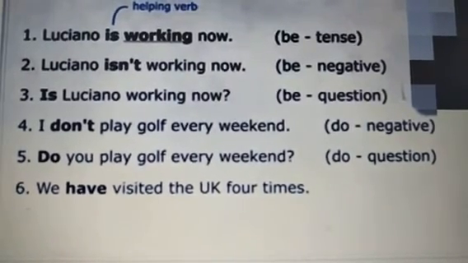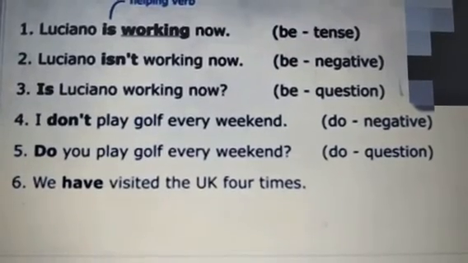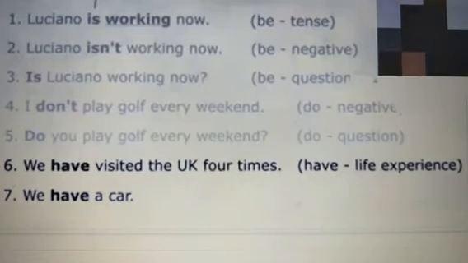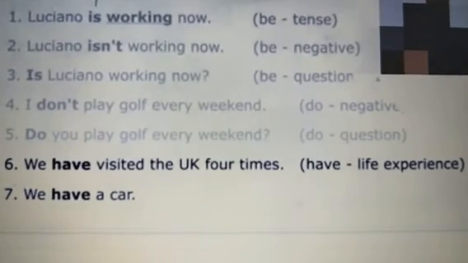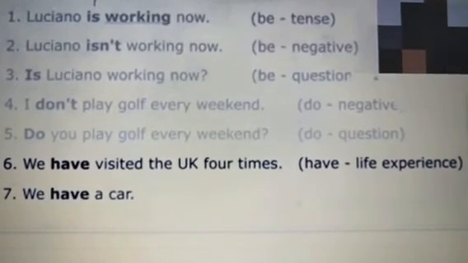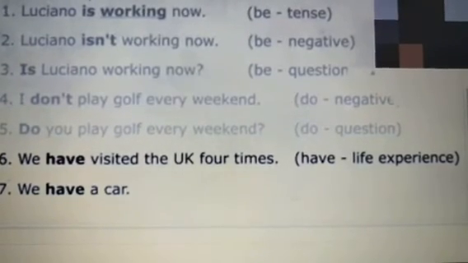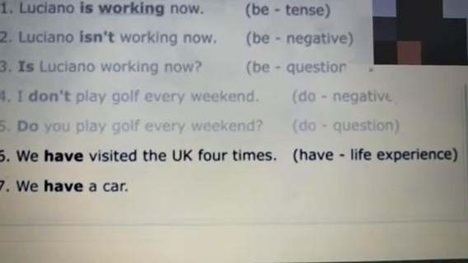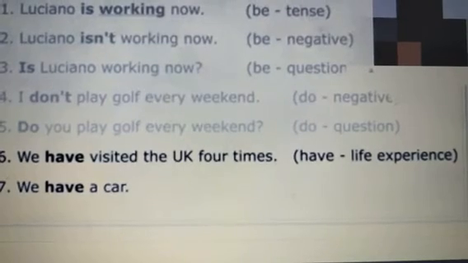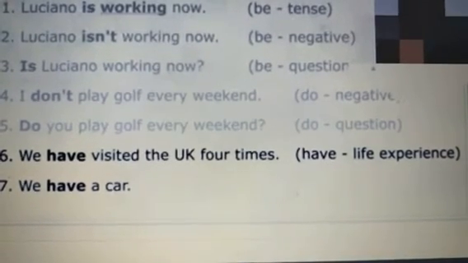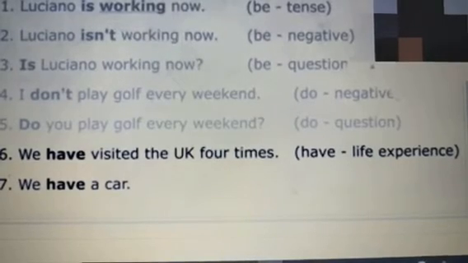Okay, so that's how be, do and have are used as helping verbs. But take a look at this next sentence. We have a car. Now both of these sentences use the verb have. But do you notice a difference between them? The difference is that the first sentence uses have as a helping verb, but the second sentence uses have as the main verb.